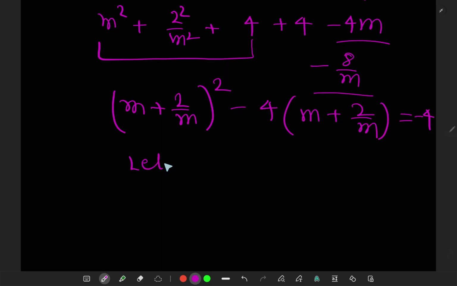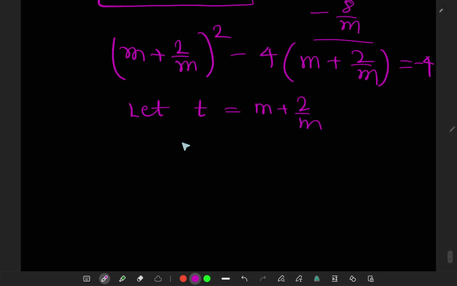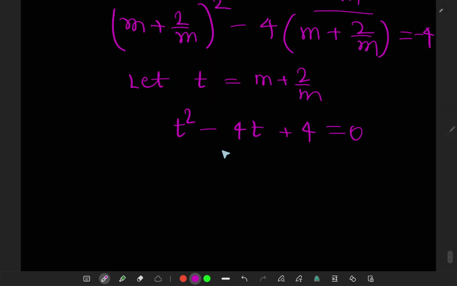Now let, so we can write here t square minus 4t plus 4 equal to 0. Now to get the factor, now put the value of 2 in this equation.